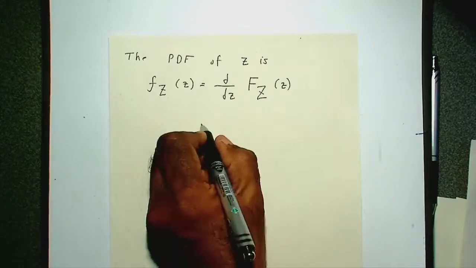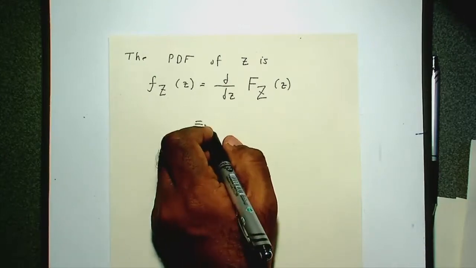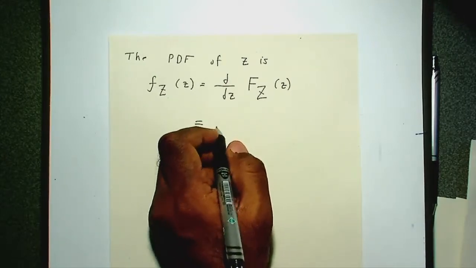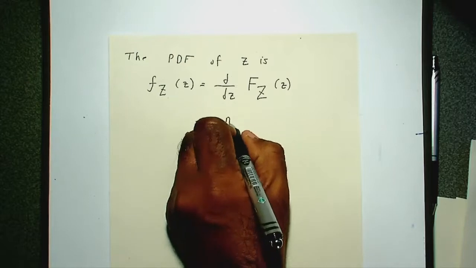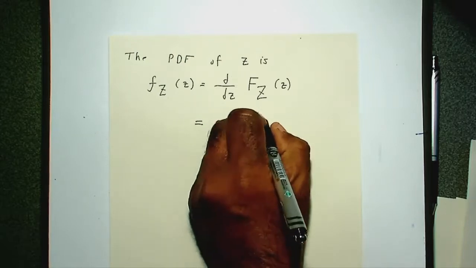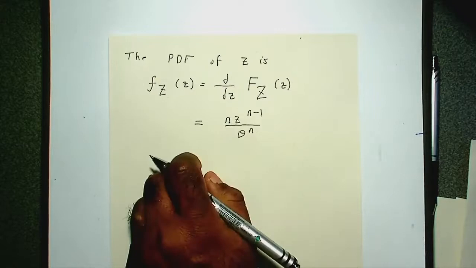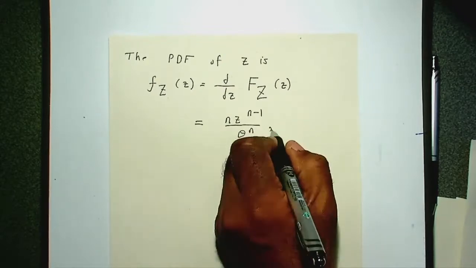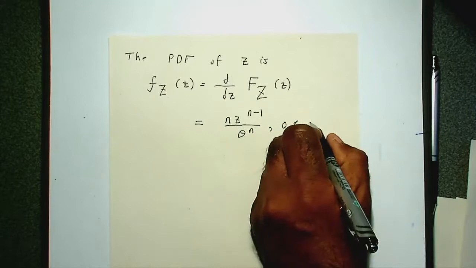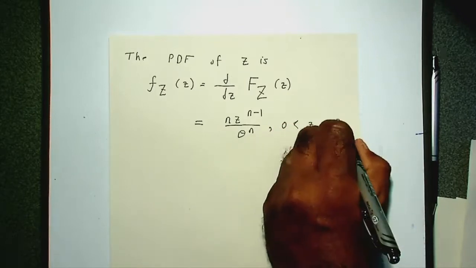So you should differentiate that guy here. You get n z to the n minus 1 over theta to the n. So this is the PDF for Z between 0 and theta.